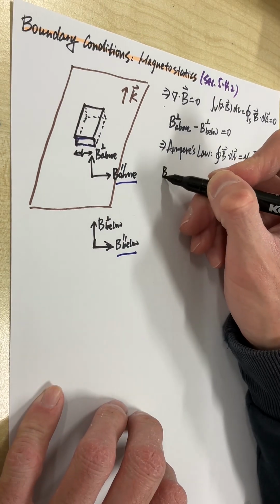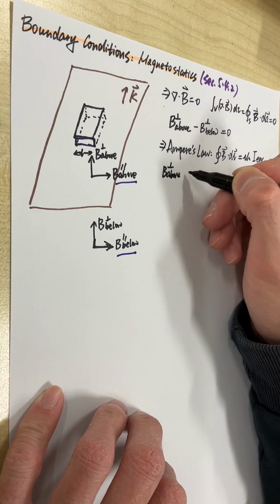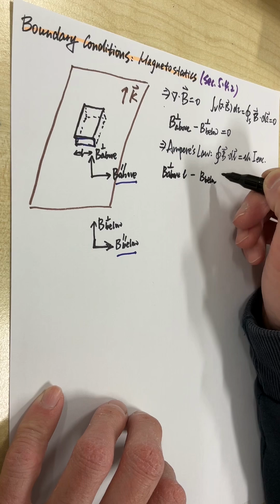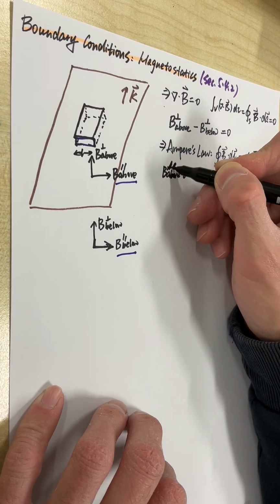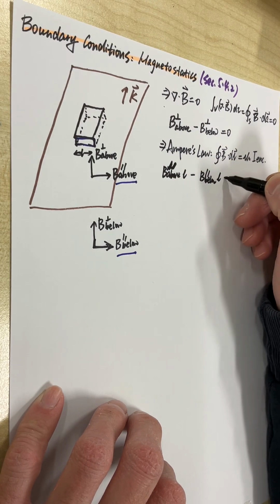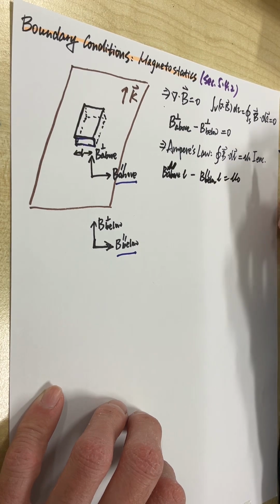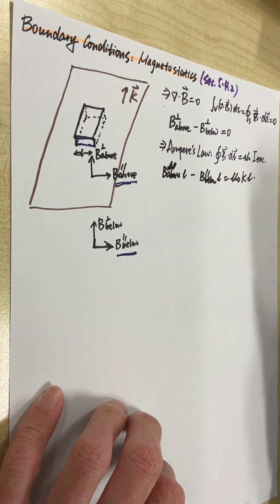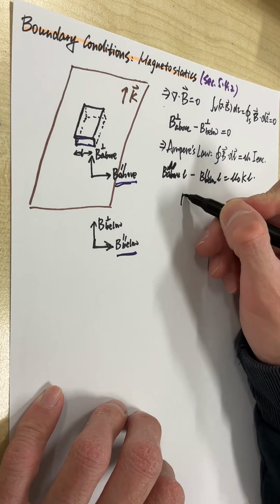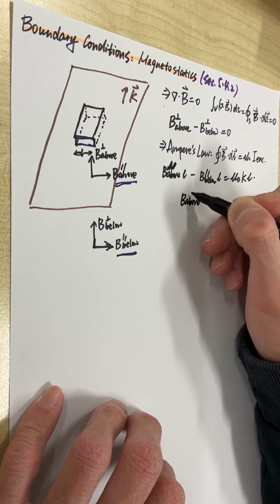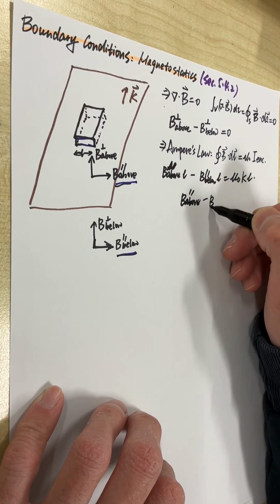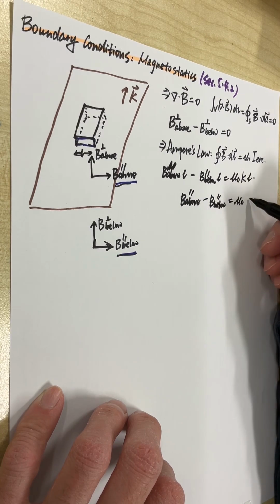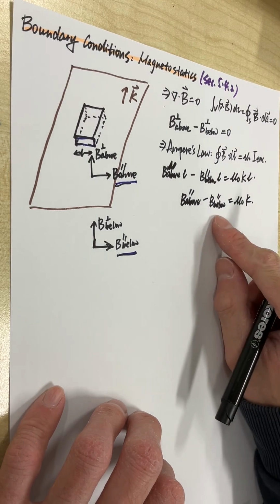So I have B above parallel component L minus B below parallel component L. This equals mu 0 K L. So in summary, we have B above parallel component minus B below parallel component equals mu 0 K. So this is the second boundary condition.